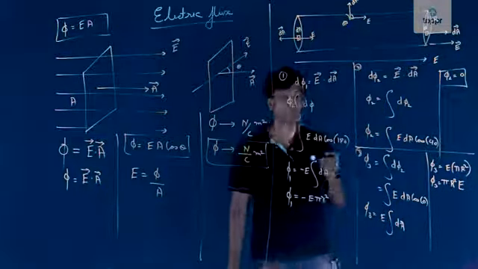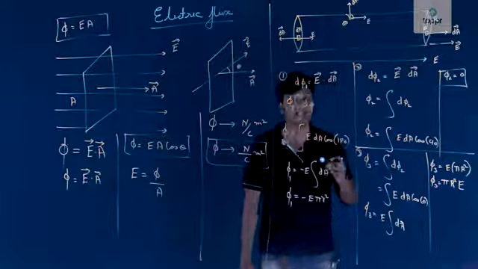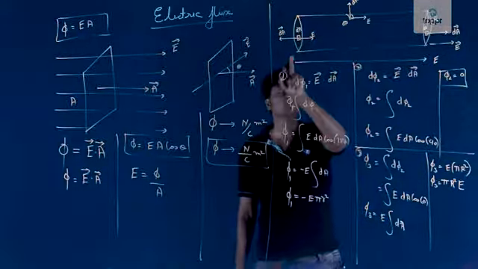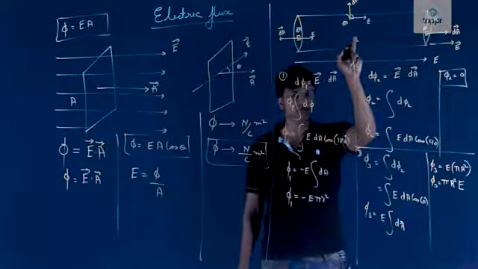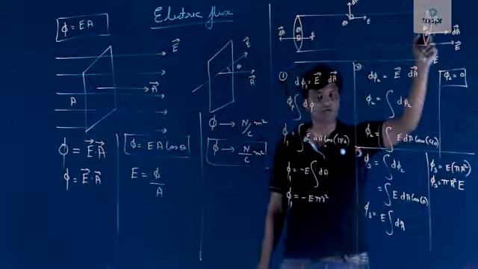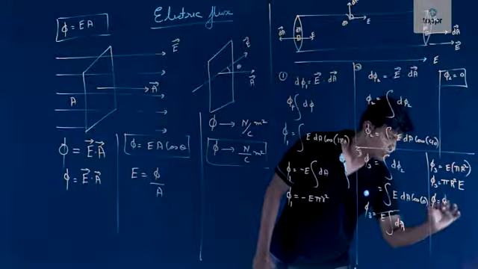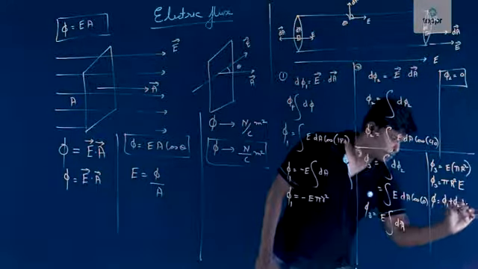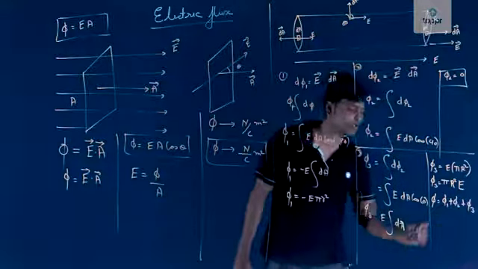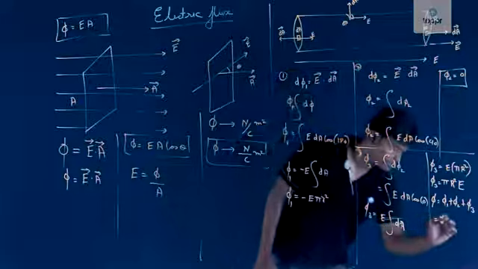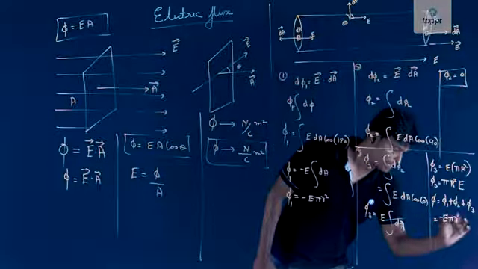Okay. Now let us find the entire electric flux. The flux is given by the flux through this region plus the flux through this region plus the flux through this region. So I can write the total flux is equal to phi 1 plus phi 2 plus phi 3. So what is phi 1? It is equal to minus E pi r square.